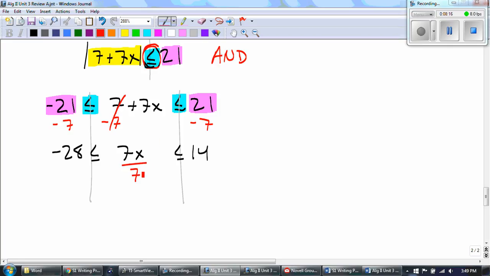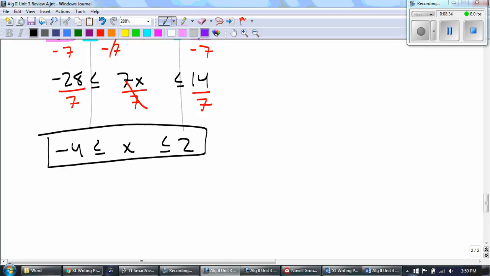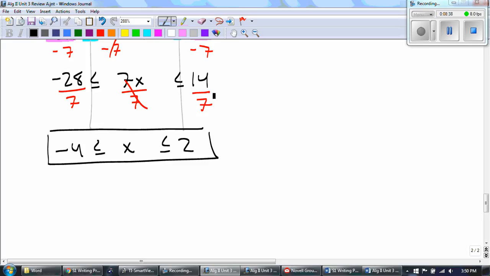To get the x by itself, I have to divide all three sides by 7, and then we get -4 is less than or equal to x, which is less than or equal to 2. This is our answer. Sorry, I don't like how I drew that. There we go. That looks much nicer.